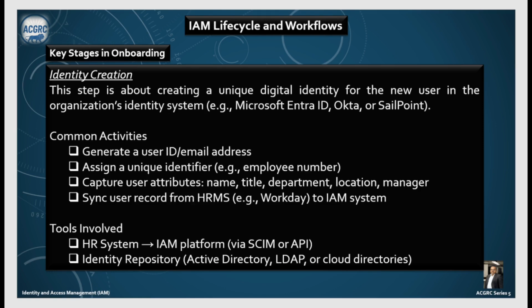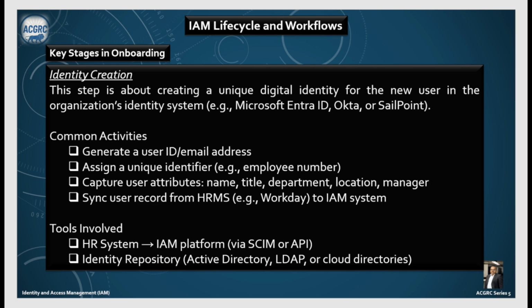It starts with identity creation. This step is about creating a unique digital identity for the new user in the organization's identity system. It could be Entra, Okta, SailPoint, etc. Common activities include generating a user ID or email address, or assigning a unique identifier, for example an employee number.